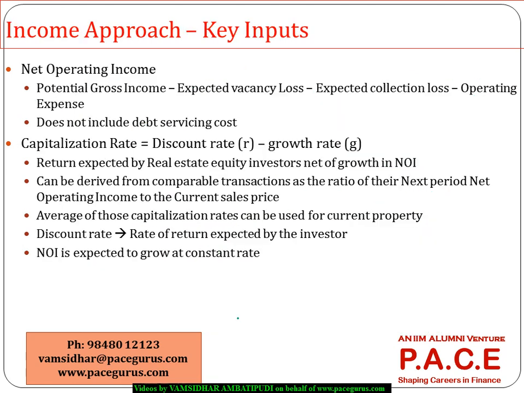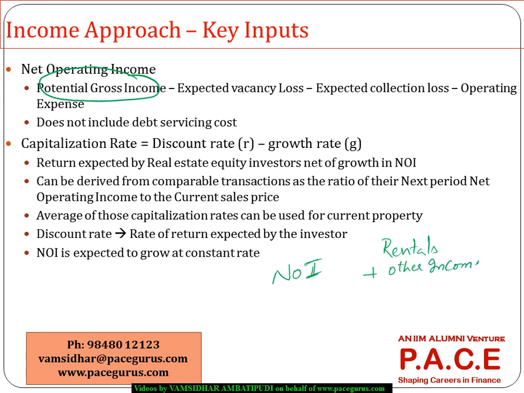Now looking at the income approach, as I just said, the net operating income is the input in this process. Which is nothing but whatever gross income I can get. It could be because of rentals and probably other income.